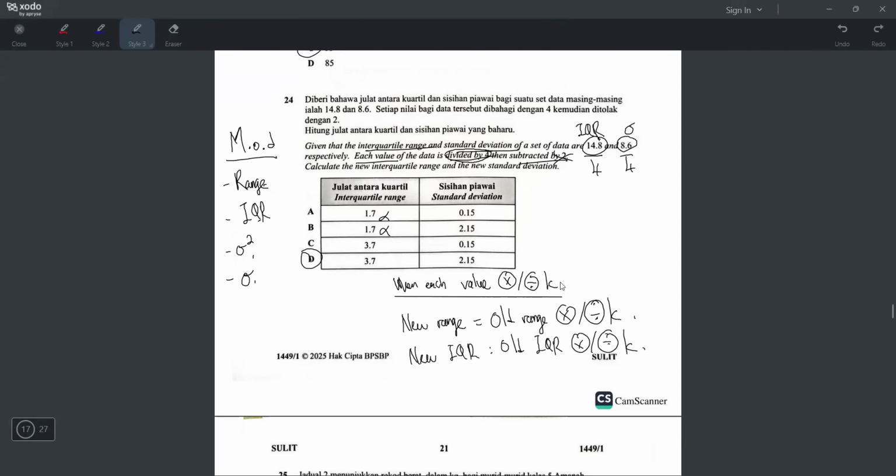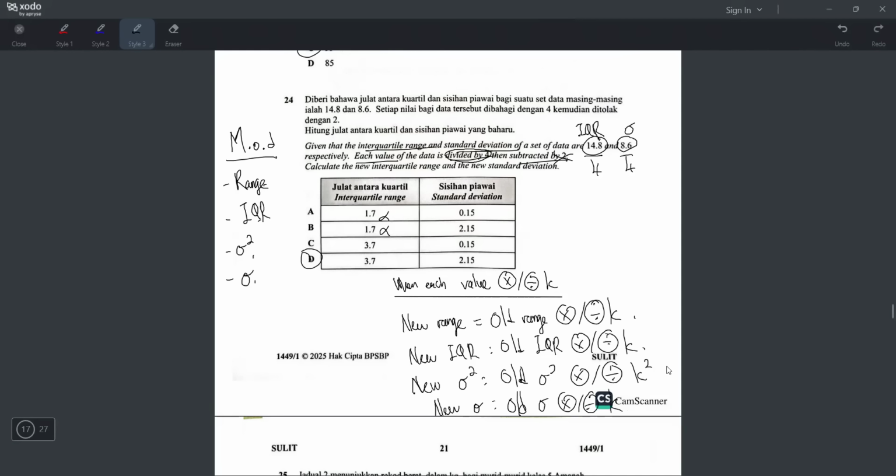Maybe darab 4 or divide 4, or like for this question is divide 4. So ikut lah. Okay, for variance you have to be careful. For variance you have to take the whole variance darab atau bahagi dengan K square. This one you have to be careful, sebab dia ada K square. And then the last one is new standard deviation. This one is just take the old standard deviation, darab atau bahagi dengan K.